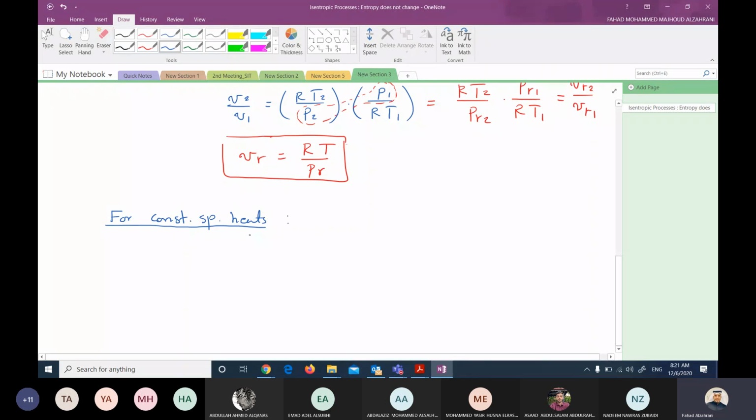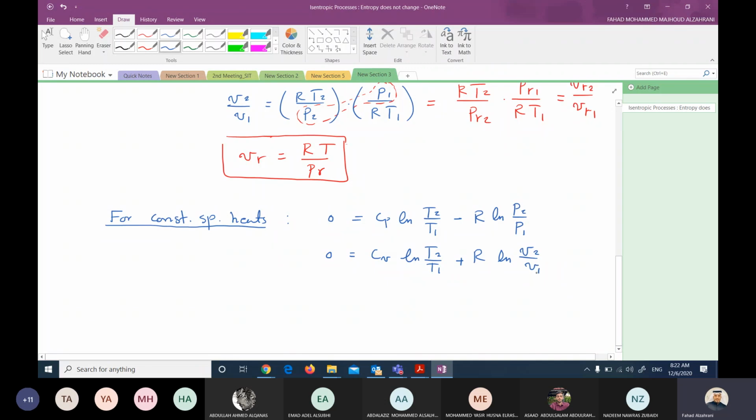This is from before, يعني 0 equals Cp ln T2 over T1 minus R ln P2 over P1. This is exactly from before, so these are the two different equations. You have Cv ln T2 over T1 plus R ln V2 over V1.